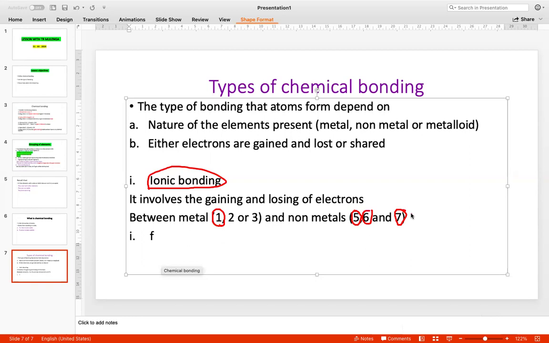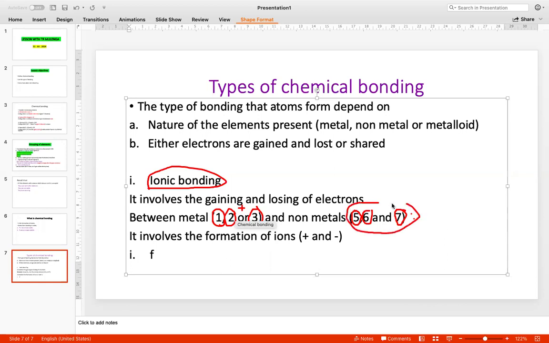The other point that we can say is that it involves the formation of ions. Now, you know what the ions are. We're talking about positively charged ions as well as negatively charged ions. These charges are formed at the same time. Those with 1, 2, or 3 electrons in the outermost shells, remember the previous discussion, will form a positive charge.